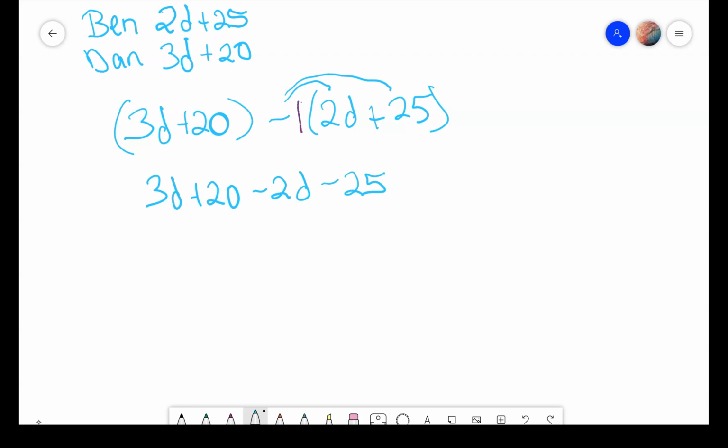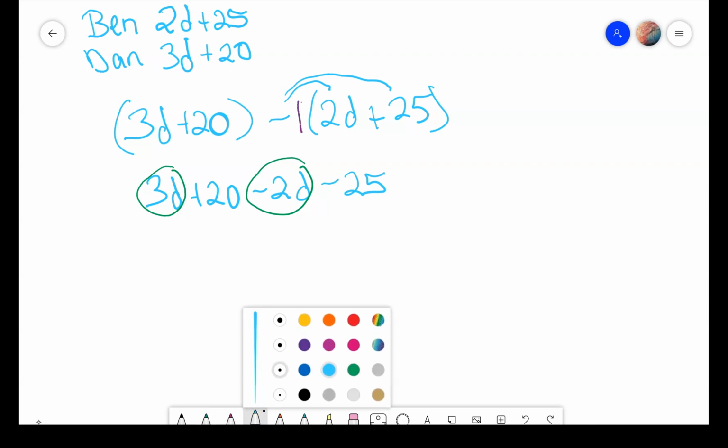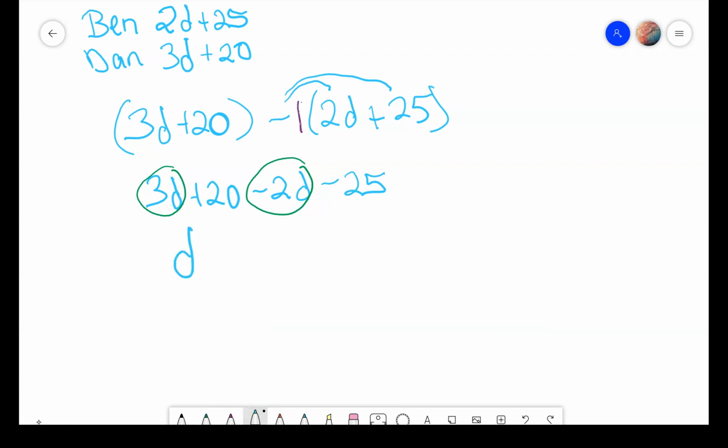Now I'm going to combine like terms. So I have a 3D and a negative 2D. Those two can be combined, and that gives me just D, 1D. Alright, now I have 20 and negative 25.